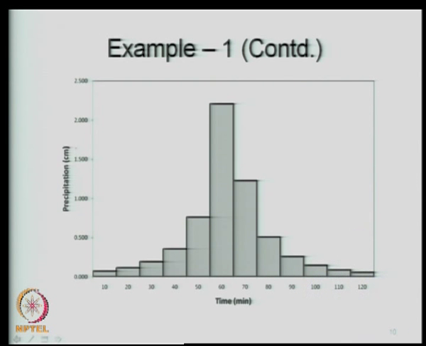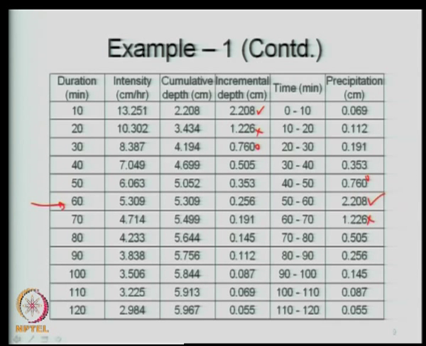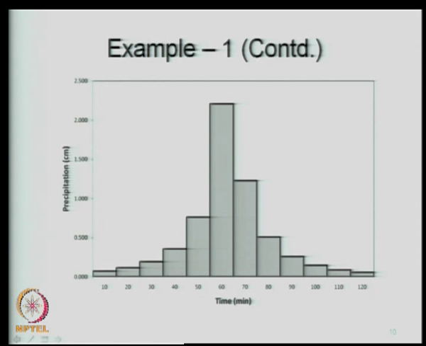Precipitation in centimeters is on the y axis, time in minutes on the x axis. The total duration is 2 hours. At 60 minutes you get the maximum value, which is 2.208, and then you distribute the values. So, essentially this is the design hydrograph that you will use corresponding to the design intensity of the rainfall.